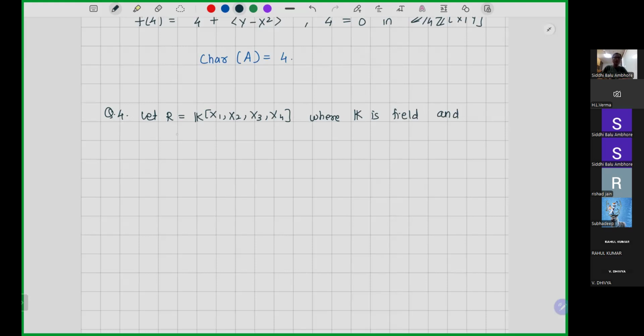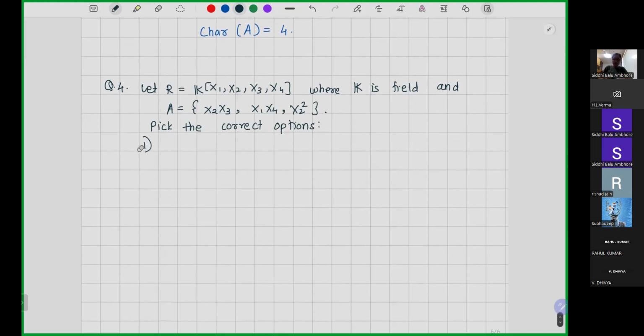Let us call A the set of these monomials: x2x3, x1x4, x2 squared. And now again we have to pick the correct options. Could be one or many.